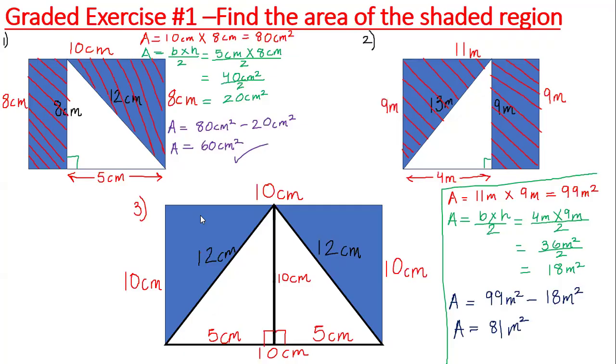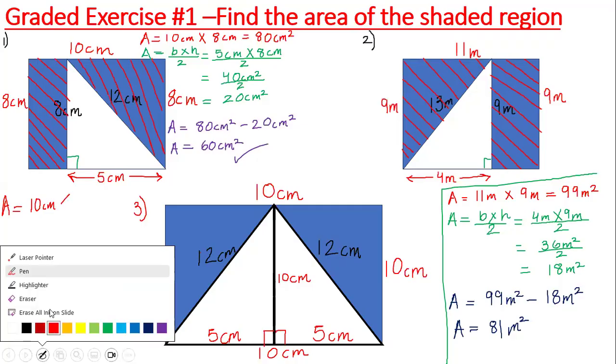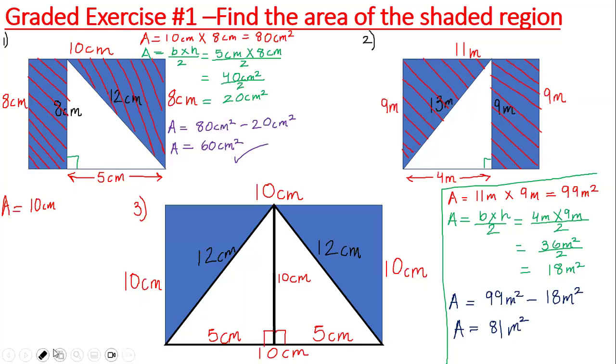Okay. All right. So let's start with the area of the rectangle, right? For the area of the rectangle, it is length times width. And the length is 10 and the width is 10. So it's 10 times 10, 10 centimeters times 10 centimeters equals 100 centimeters squared. Very good.